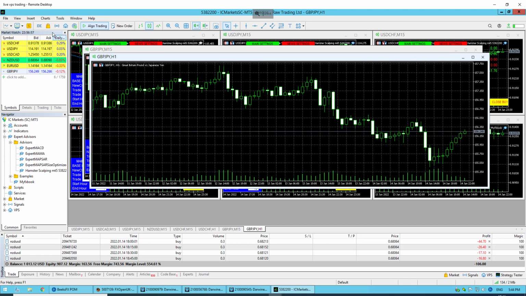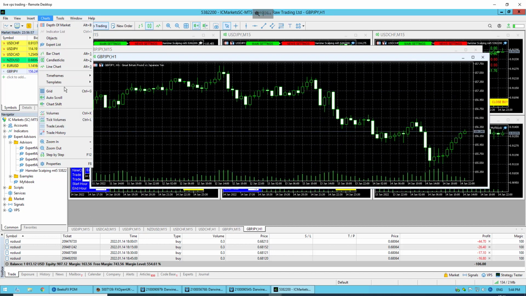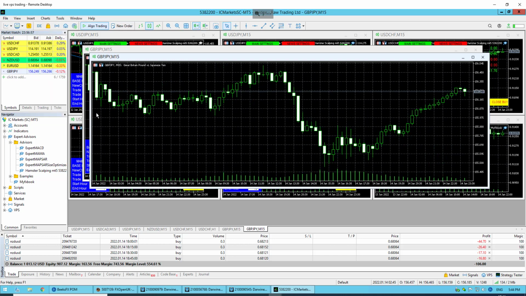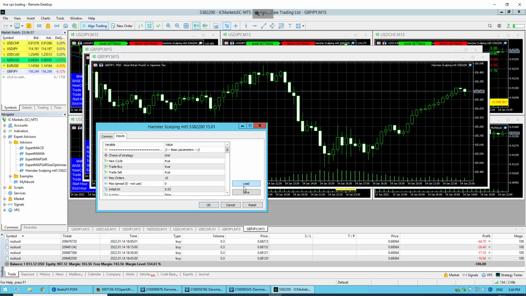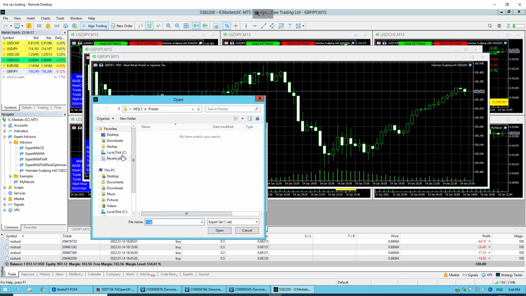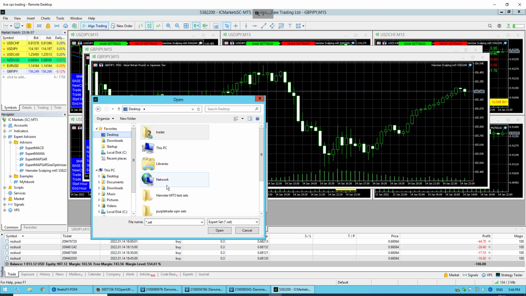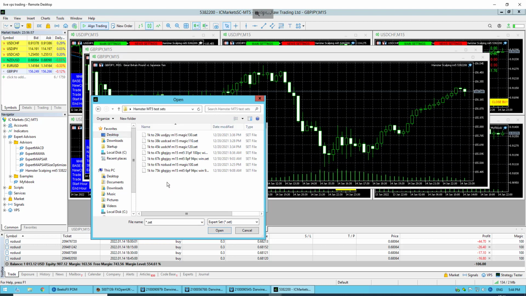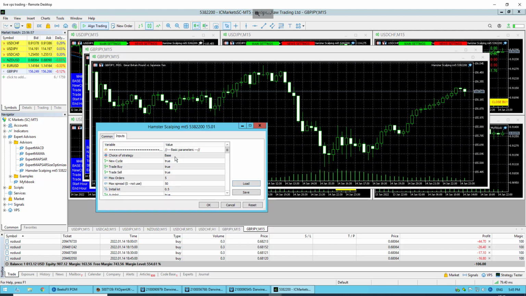Then I'm going to open another one. Once again, that also needs to be a 15-minute chart. Hamster, load, desktop. So do 47 before, GBPJPY, I did that one, this one, do this one.